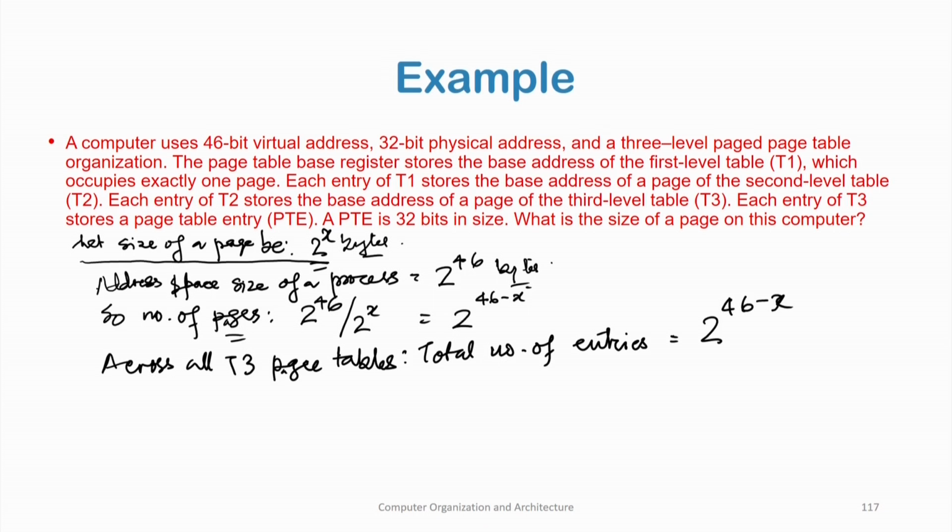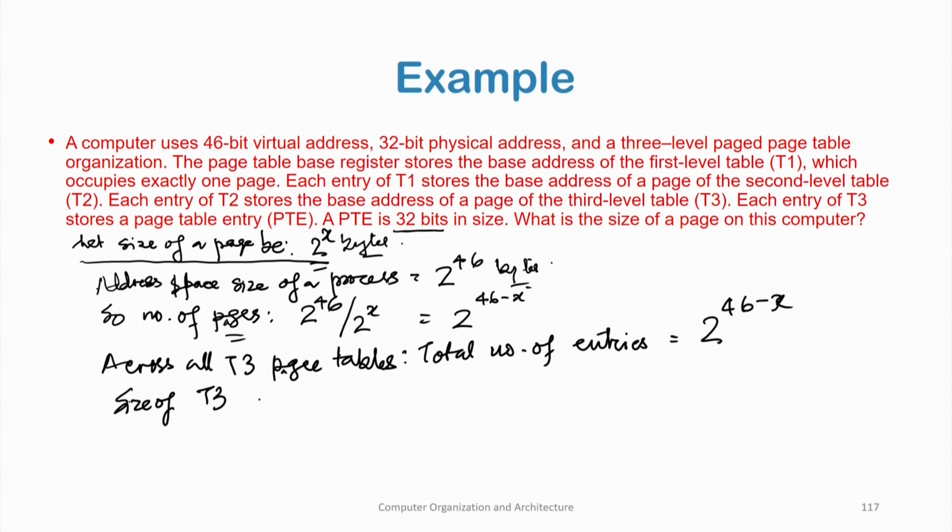Now, the size of each entry, as we discussed, is 32 bits, which is 4 bytes. So, what is the size of the T3 page tables?